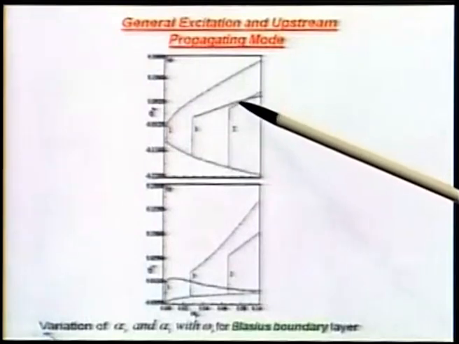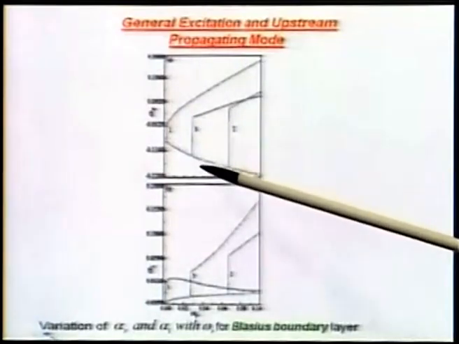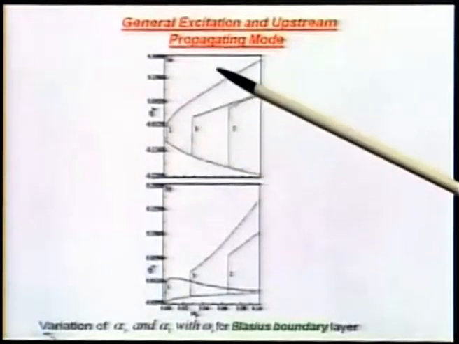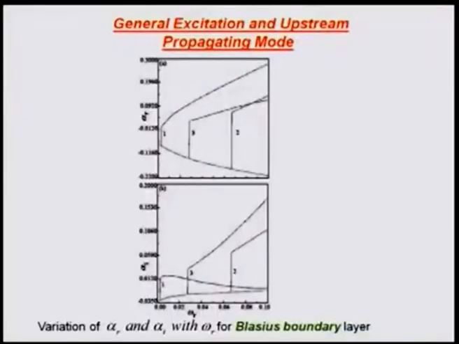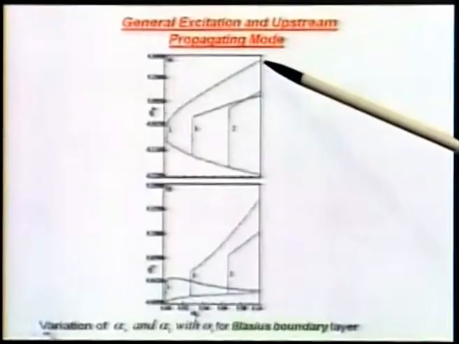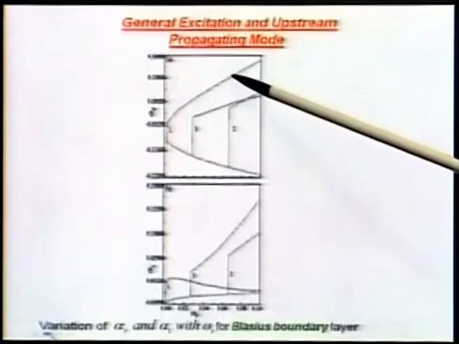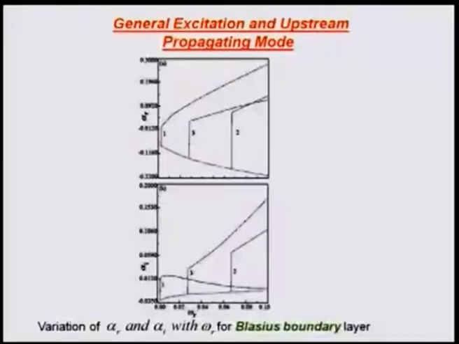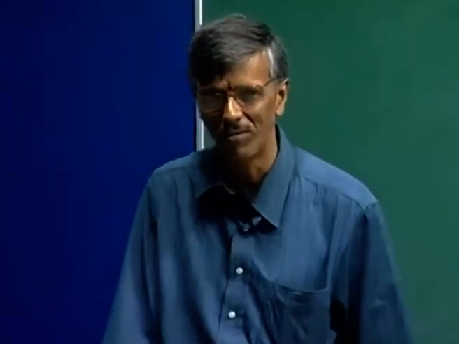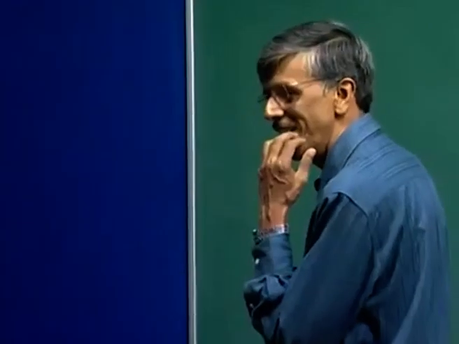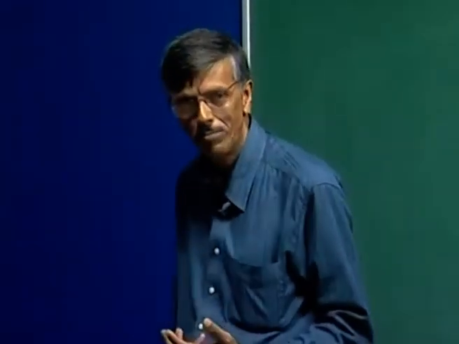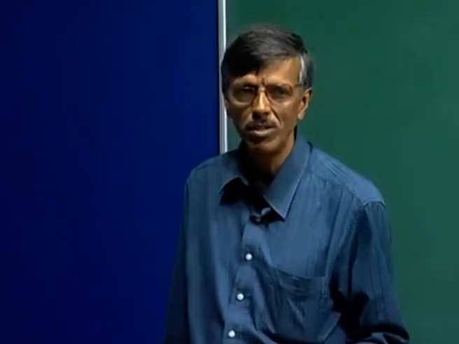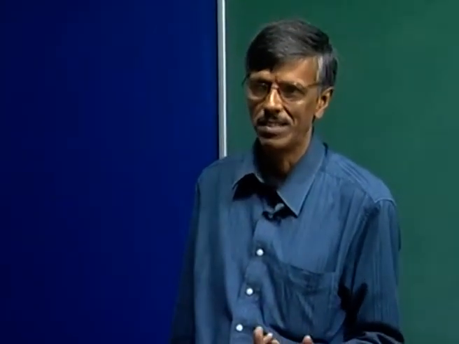A similar thing happens to the third mode, but this disappears at a somewhat lower wave number. And the first one, which corresponds to the TS mode, also eventually disappears. So, below this frequency apparently you do not have any eigenvalues, and this is a very curious thing, and people did not know why there is no stability theory for very low frequency excitation.